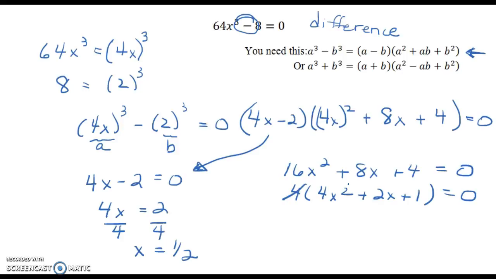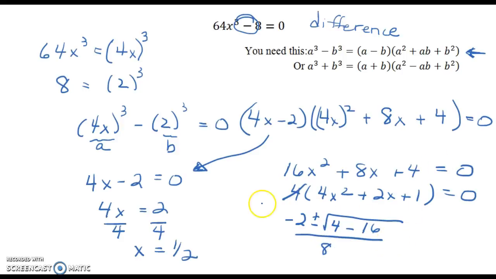For 4x squared plus 2x plus 1, I now have to use the quadratic equation. So if you remember, it's negative b, so negative 2 plus or minus the square root of b squared minus 4ac, so 4 times 4 is 16, times c is 1, minus 16, all over 2a. 2 times 4 is 8.